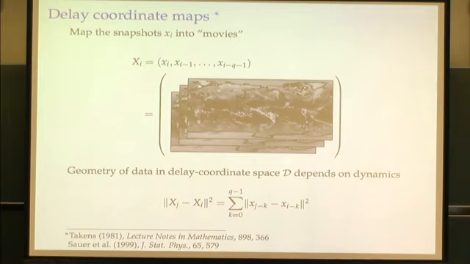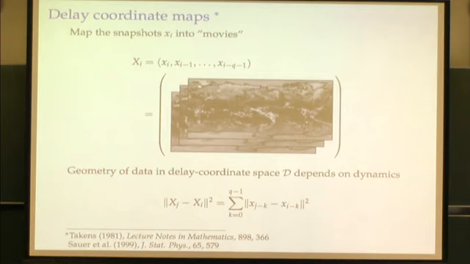It says that instead of looking at individual snapshots of a dynamical system as observations of our data, we are going to create small sequences of observations, in other words, spatiotemporal movies, and call these our data vectors. So effectively what we're doing is embedding our original data in a higher dimensional space and doing whatever data analysis we wish to do in that space.